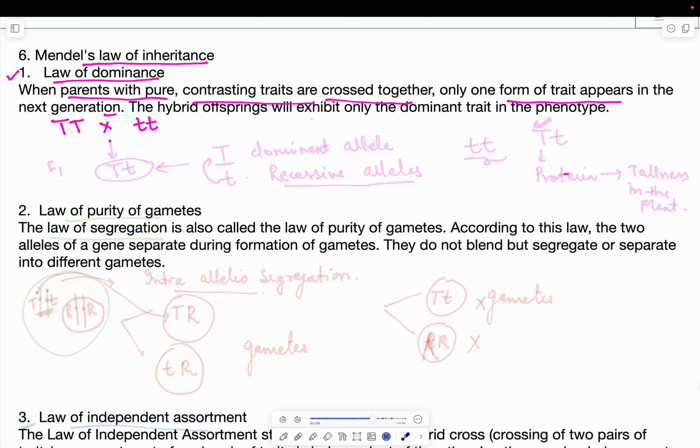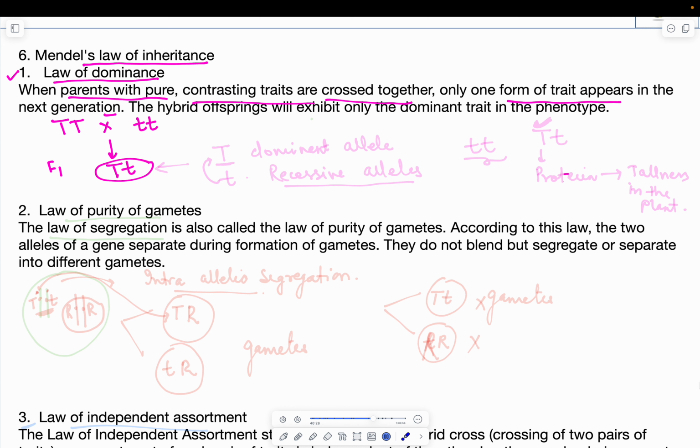So what will be the outcome in the F1 generation? All individuals will be hybrid, and the hybrid will exhibit only the dominant trait.